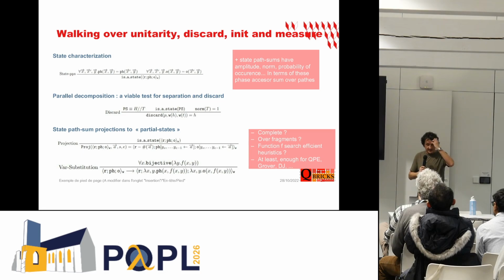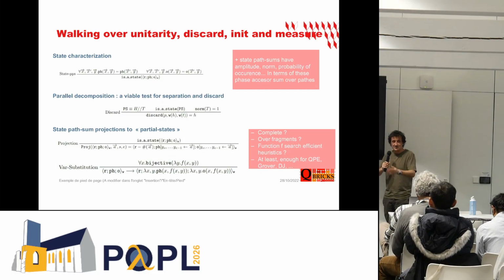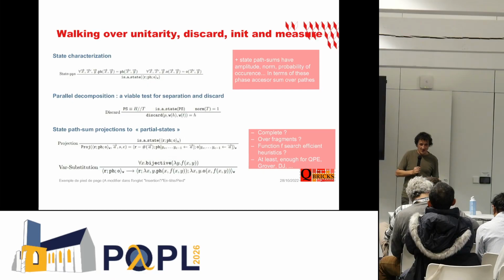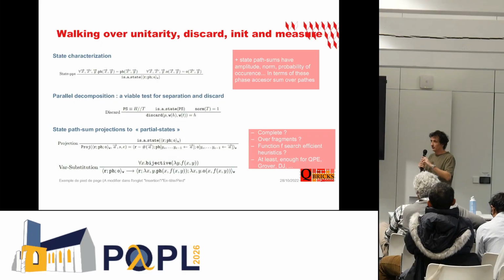In addition to that, the path-sum also provides tools, or naturally inspires some tools, for reasoning outside of the pure unitary case. Concretely, there is a continuity between the representation of an operator and of a state.